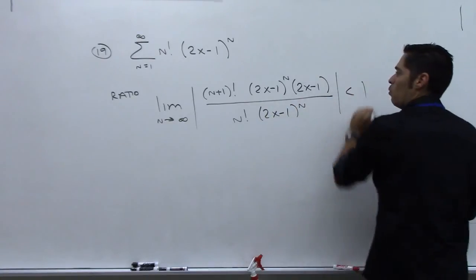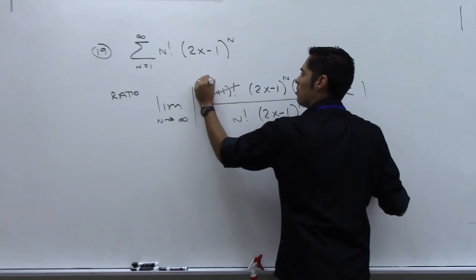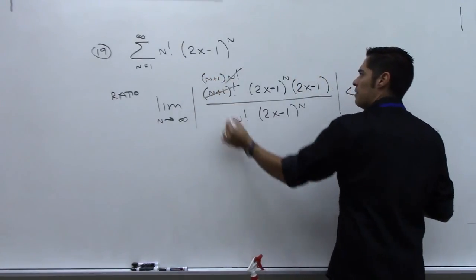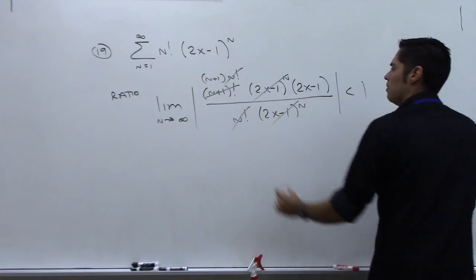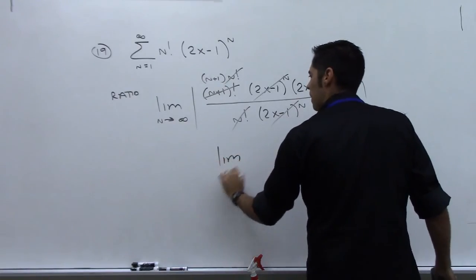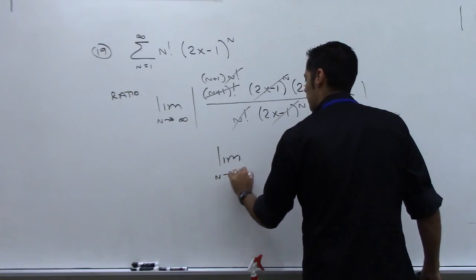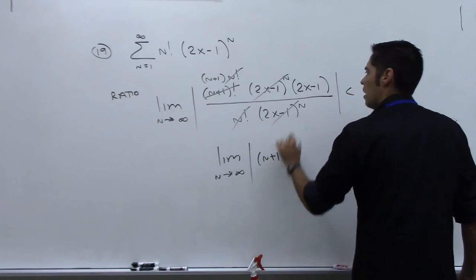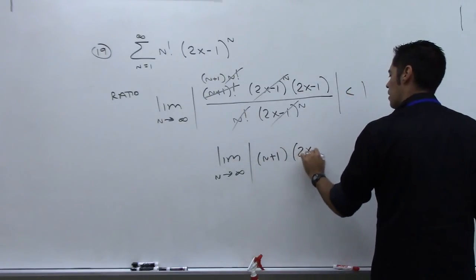I need that to be less than 1. Also, we're going to notice that n plus 1 factorial is n plus 1 times n factorial. These n factorials cancel, these cancel, and so you're left with limit as n goes to infinity of an n plus 1, and then over here I have a 2x minus 1.